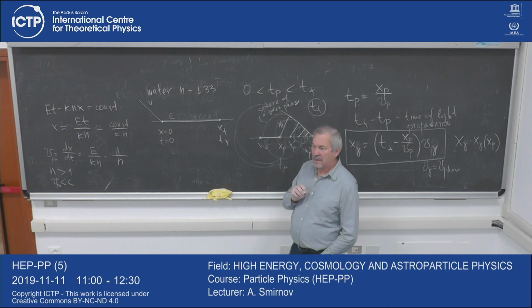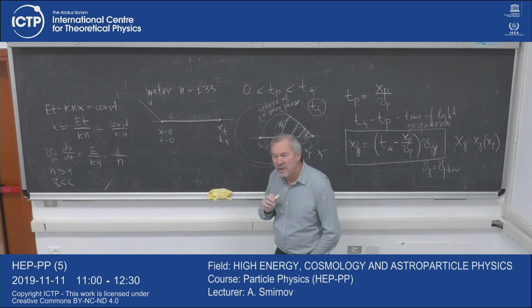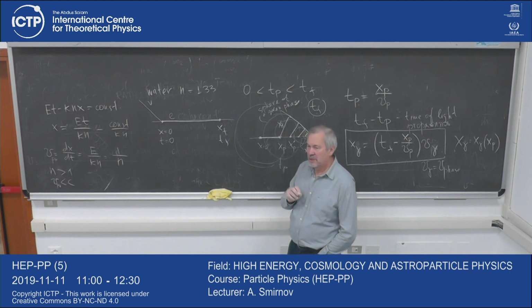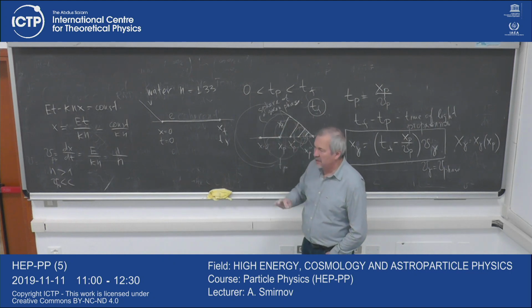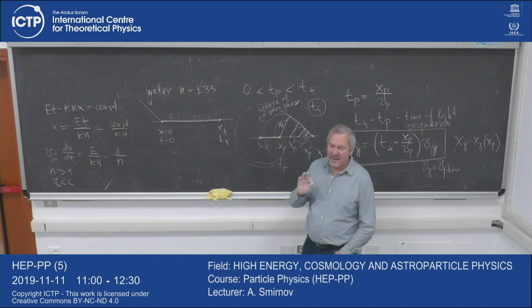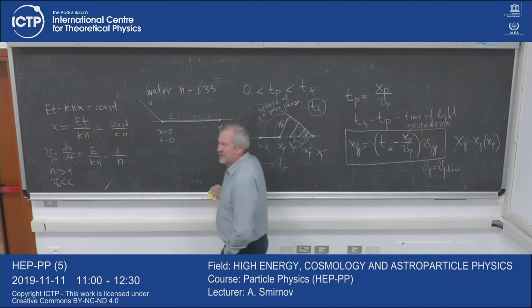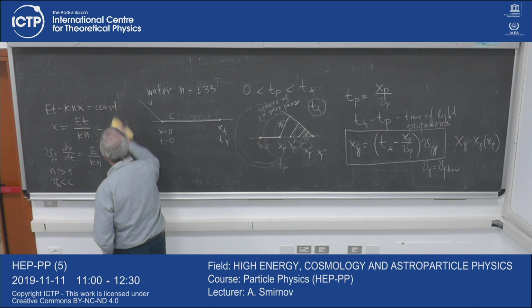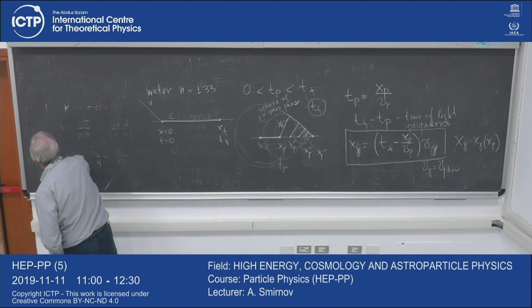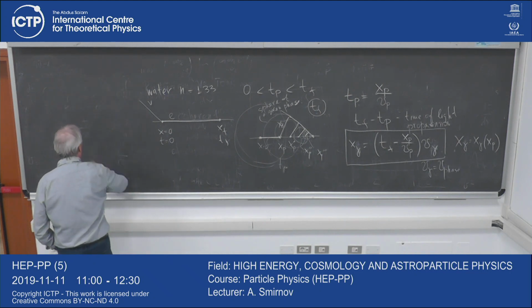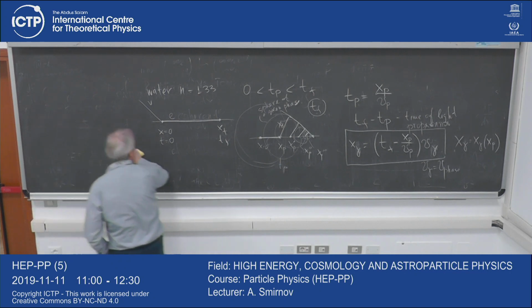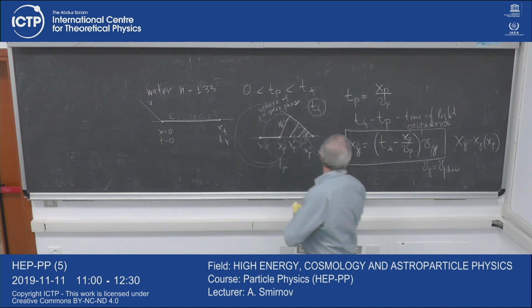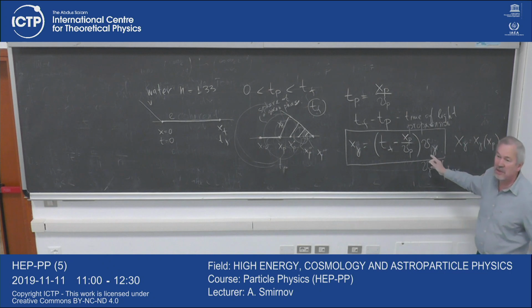And in that detector they also use water? Yeah, water. They have a lot of water. Precisely. You're asking questions because I'm going to talk about this, including the Super-Kamiokande stuff. But for the time being, what is important is that in this way we have derived this equation for the front.